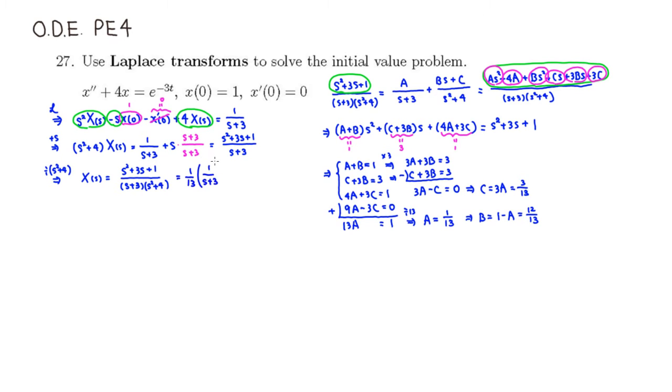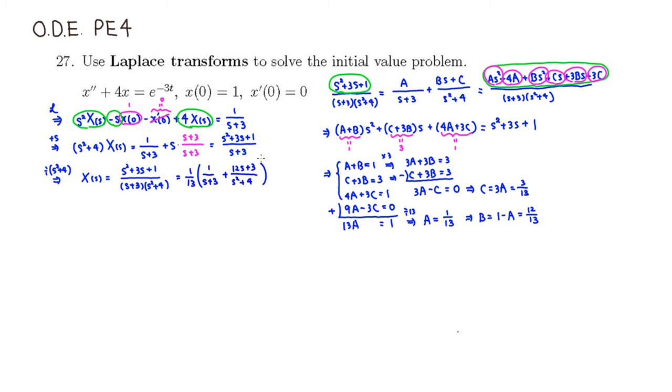Then b is 12 over 13, so it's going to be plus 12s. And c would be 3 over 13, so plus 3 over s squared plus 4.